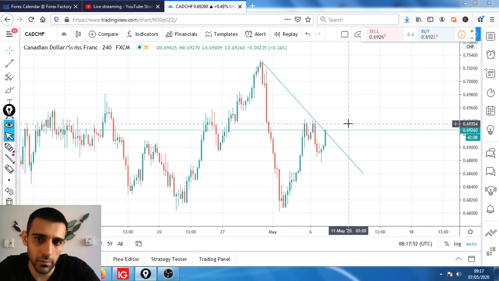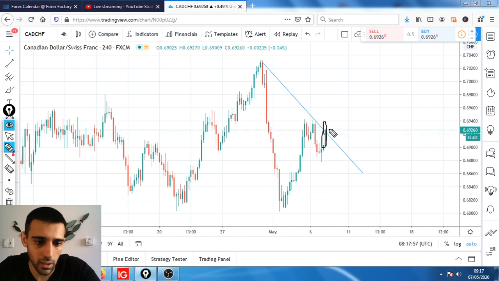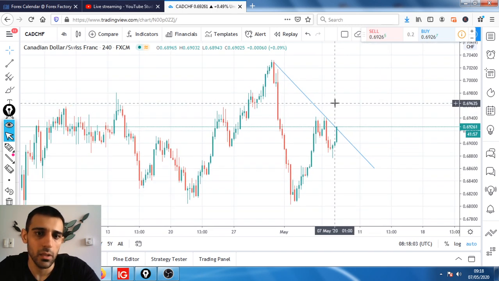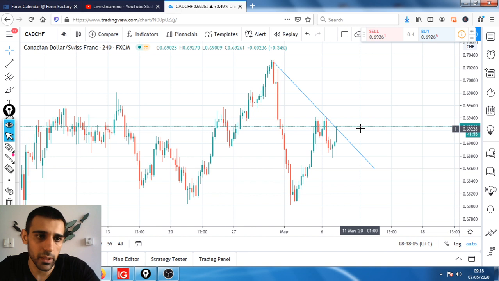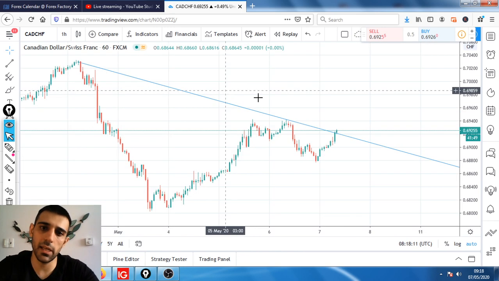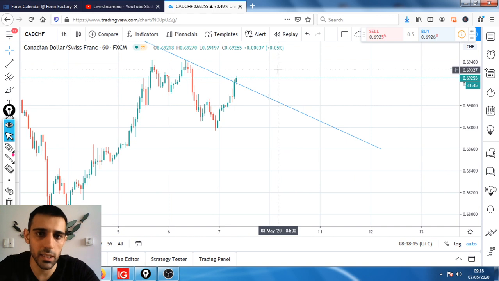Then, if it closes nicely bullish, similar to this one, I will be looking for the retracement and getting onto the long side. As for the retracement, that's another story. Let's see if I can mention any retracements, potential entries, targets or stop losses.